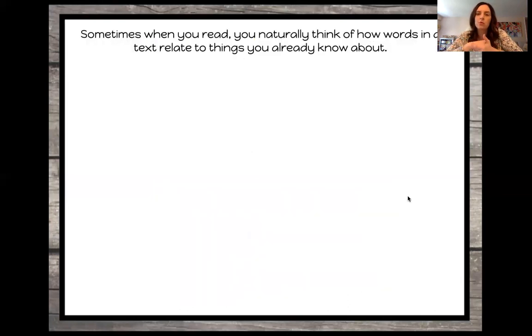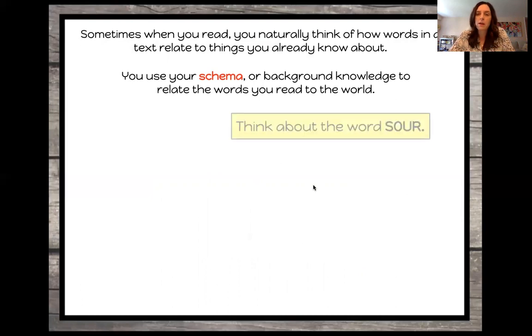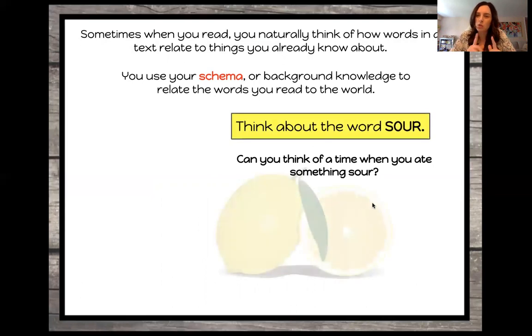So sometimes when you read, you naturally think of how words in a text relate to things that you already know about. So you're using your schema, which is your background knowledge, to relate the words you read to the world. Now, think about the word sour. Can you think of a time when you ate something sour? Maybe you're thinking right now about eating a lemon.